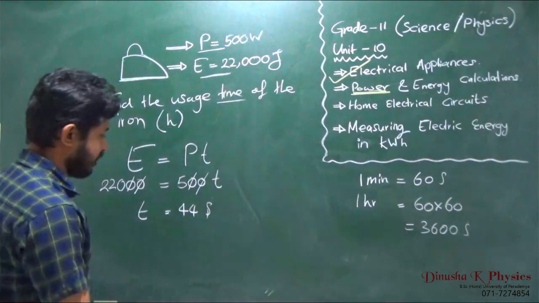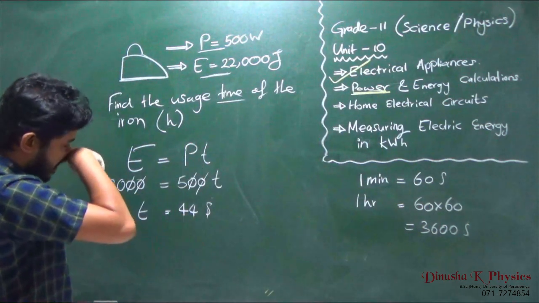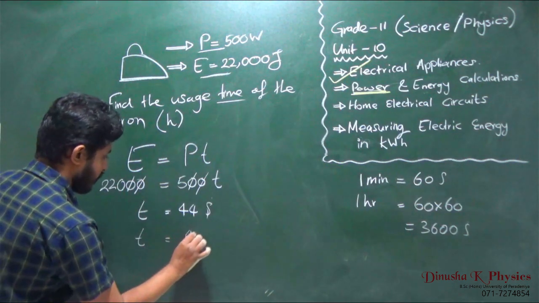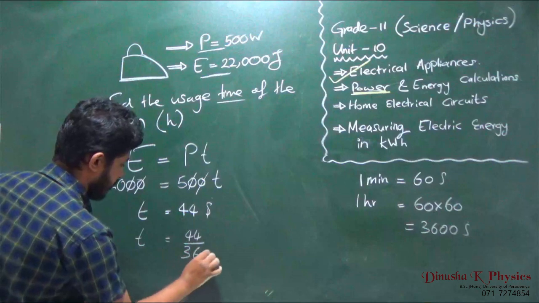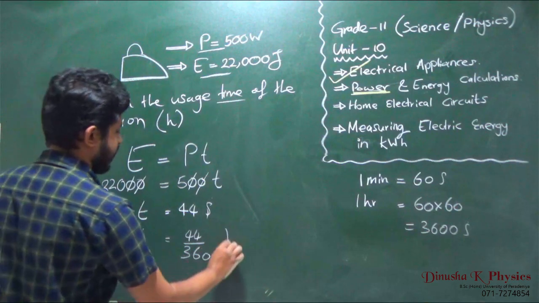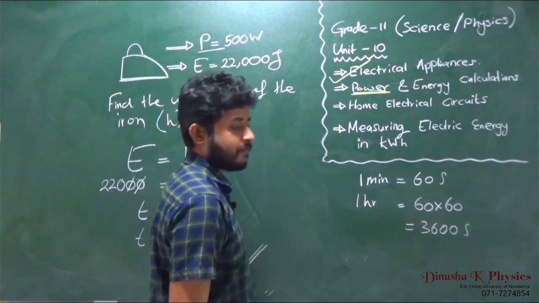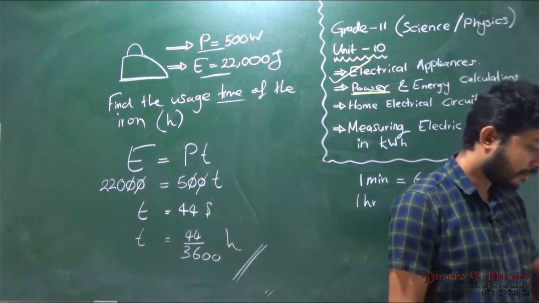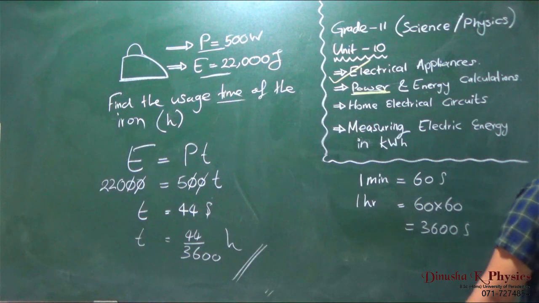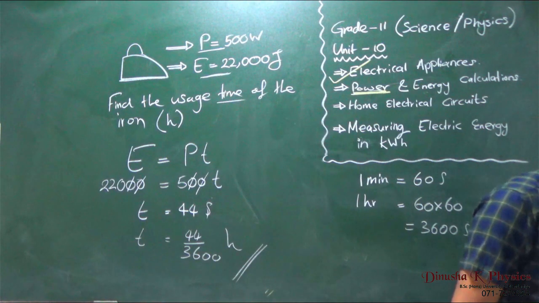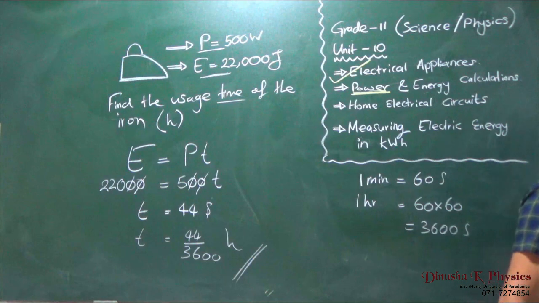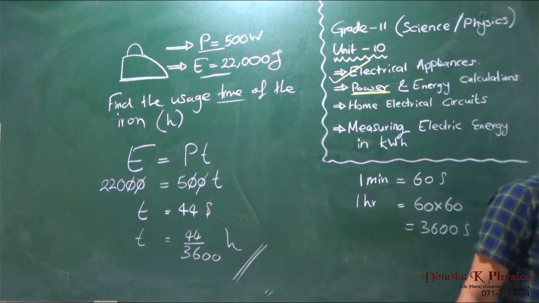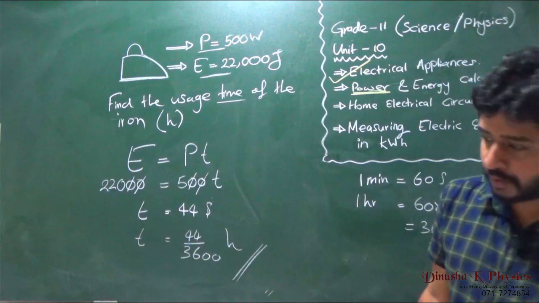So to convert these seconds to hours, what I have to do is divide by 3600. So this will be in hours. Okay, right.